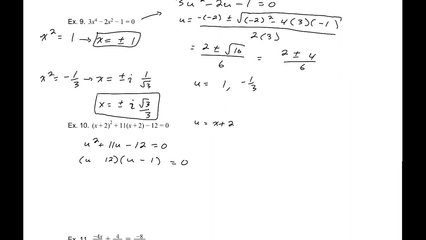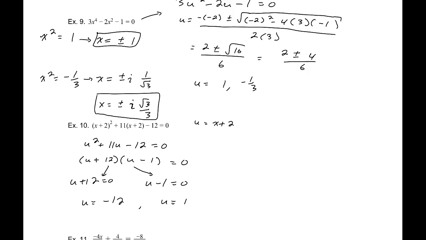Let's make that a negative 1 and a positive 12, which, setting each of those equal to 0, I should probably go ahead and do that. u plus 12 equals 0, u minus 1 equals 0, u is negative 12, u equals 1.